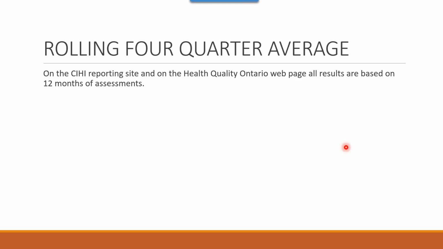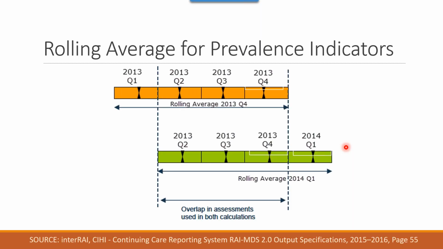We talked about the rolling 4 quarters several times, the fact that it's always 12 months of data whenever you get a report from CIHI, or if you look at a quarter on the Health Quality Ontario webpage. So it may say that it's Q1 2014, as in this example, but you can see that the 3 quarters of data, or 9 months in 2013, are still being calculated as part of the statistic in 2014.